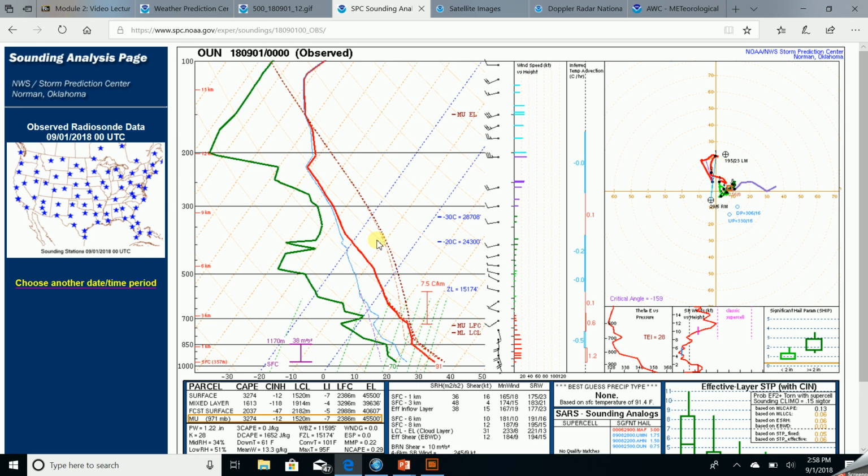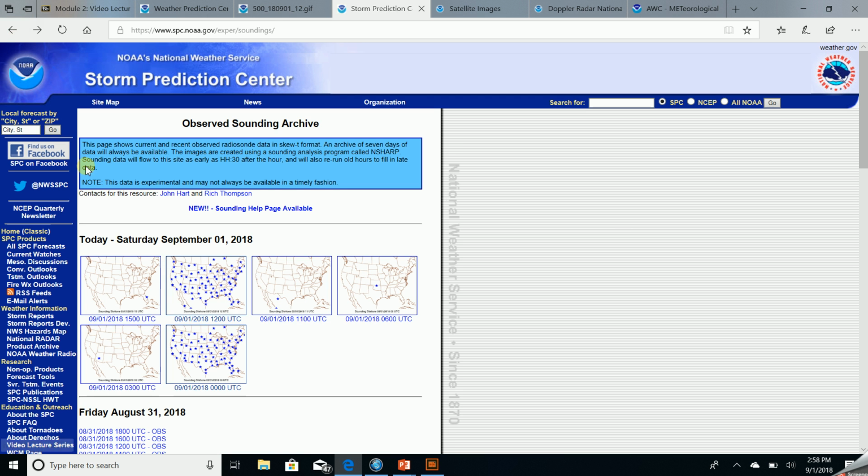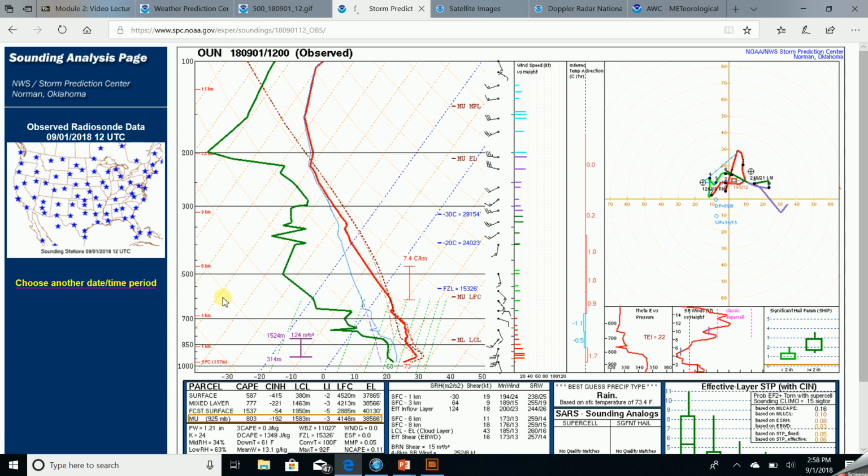So let's take a look at the same sounding, same location, and this will be 12Z today. Look at how shallow this inversion is right here, where the temperature actually decreased with height, which occurs at night.